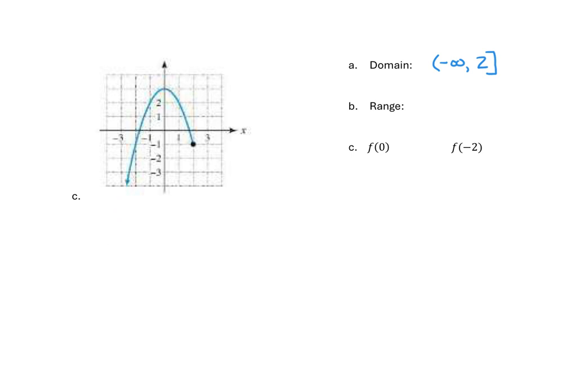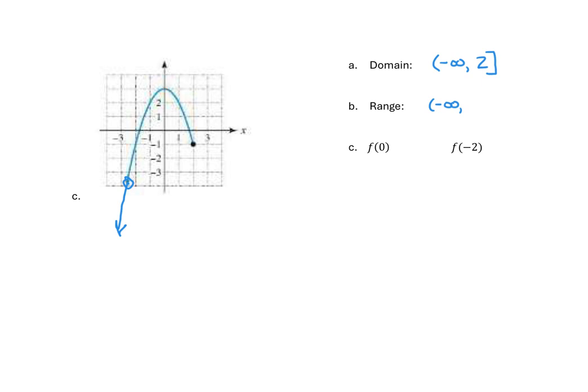Okay, we want to talk about our range. And so again, bottom to top. So bottom, we have this arrow on the left side that keeps going down. And so this is going towards negative infinity. Now, how far up does this go? Well, we're going up, up, up, and here we reach the top.